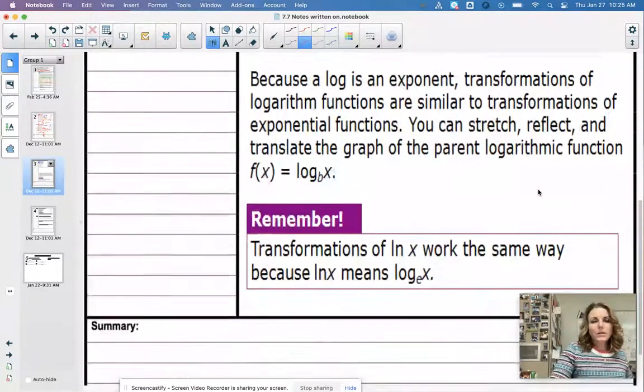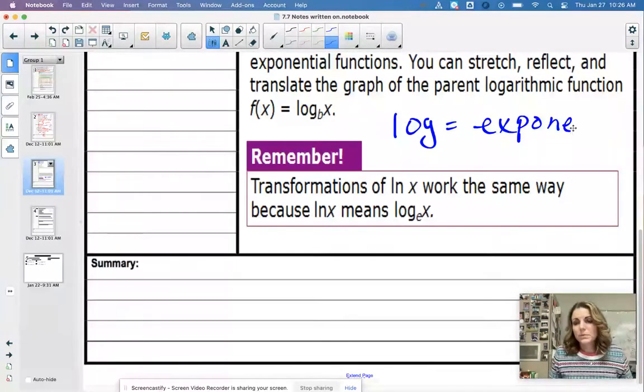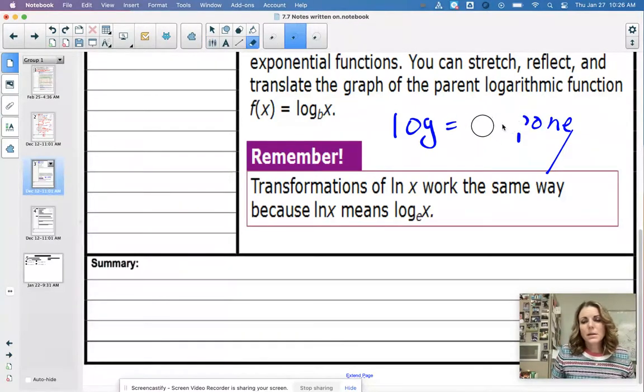And now I'm on to logs. Because a log is an exponent, remember we wrote it like this in class, log equals exponent. That's exactly what it is. I'm going to write it smaller.